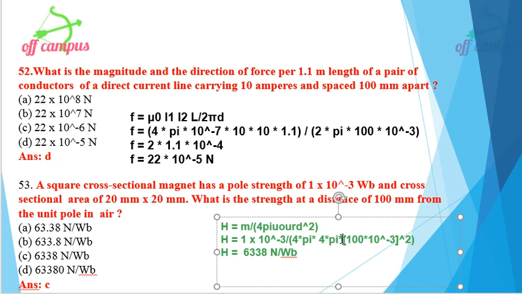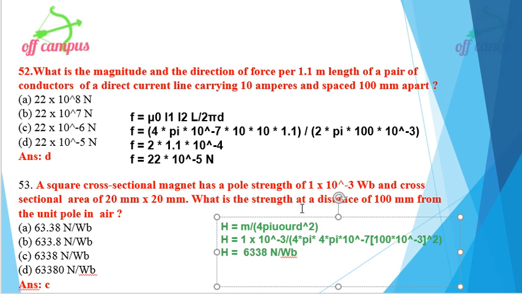Mu r is nothing but the permeability for air, which is 1, so no need to substitute.